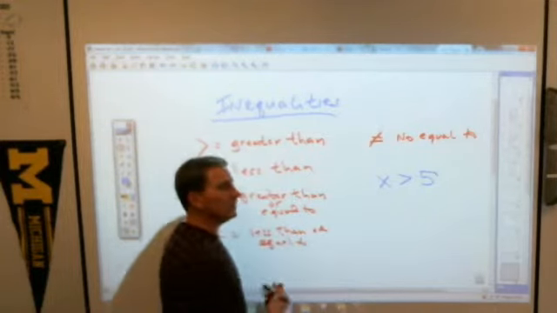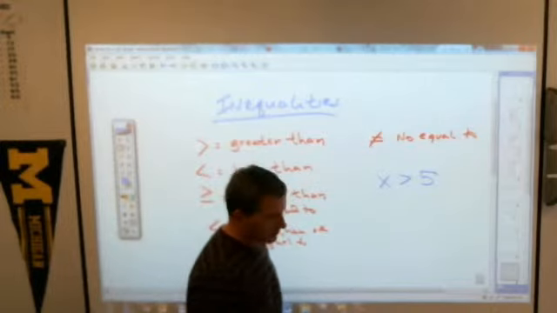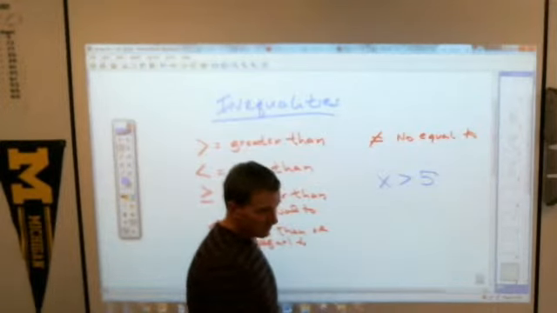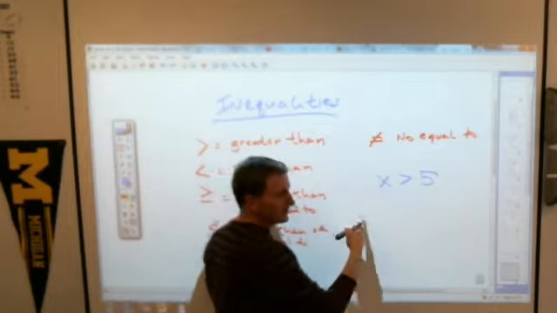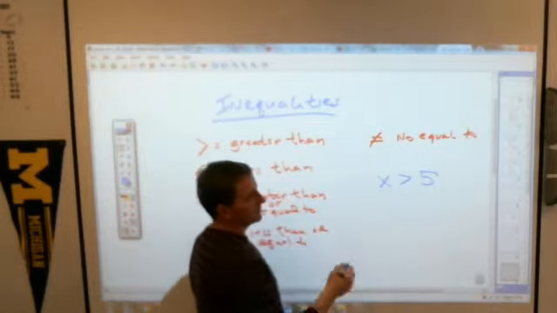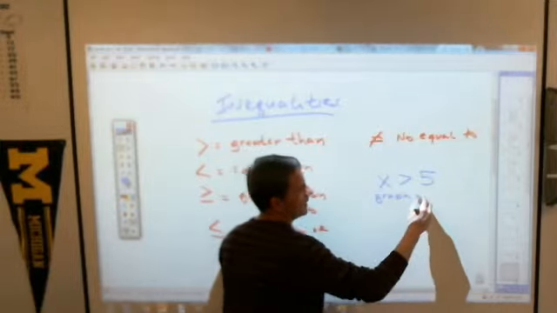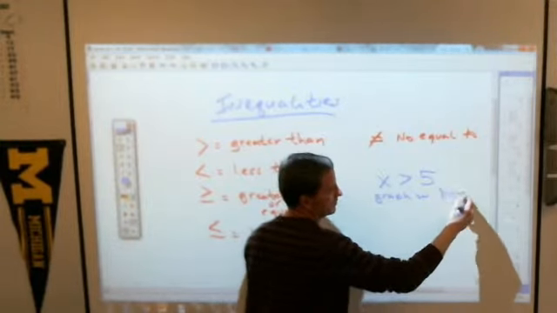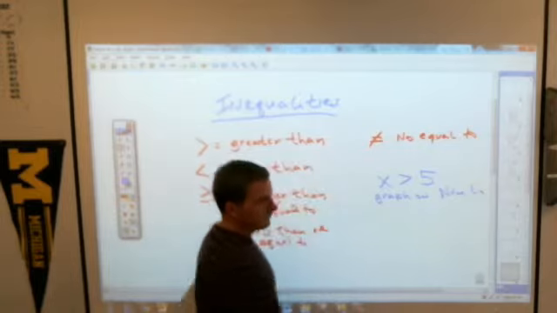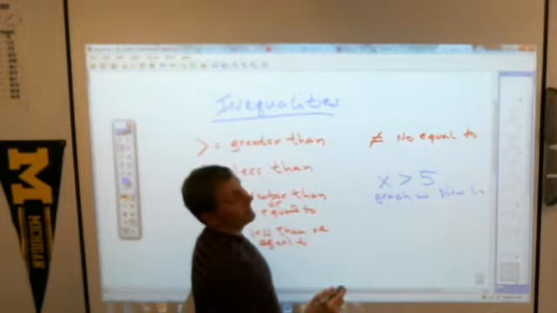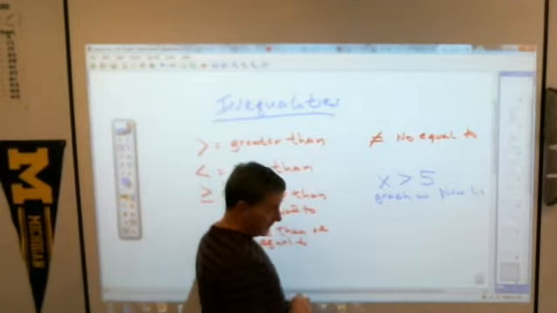So really the only way you can show your answer to this is to graph it on a number line. Watch how simple this is. And this is the bare minimum I need.